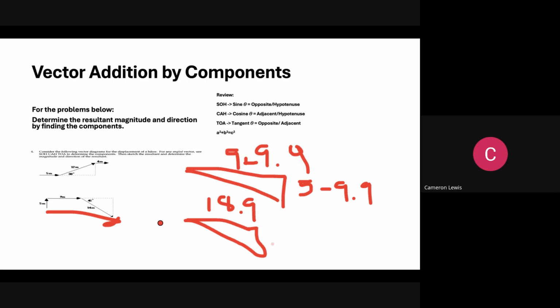And then negative 4.9. I'm keeping the negative on purpose, right? So now, once I get here, I'm able to do, what is it called? Pythagorean theorem, right?